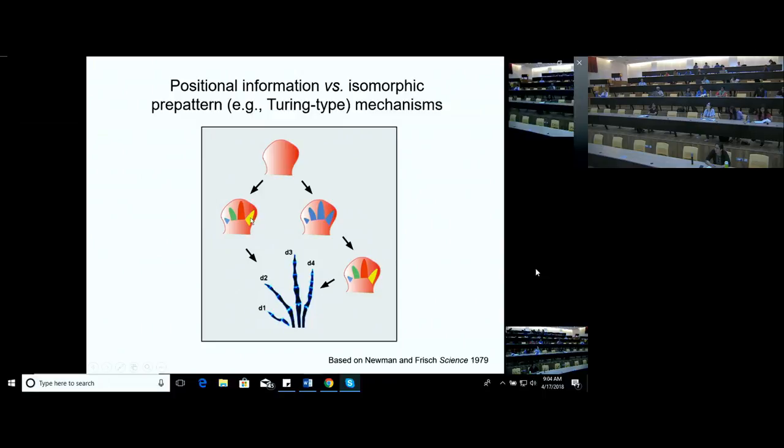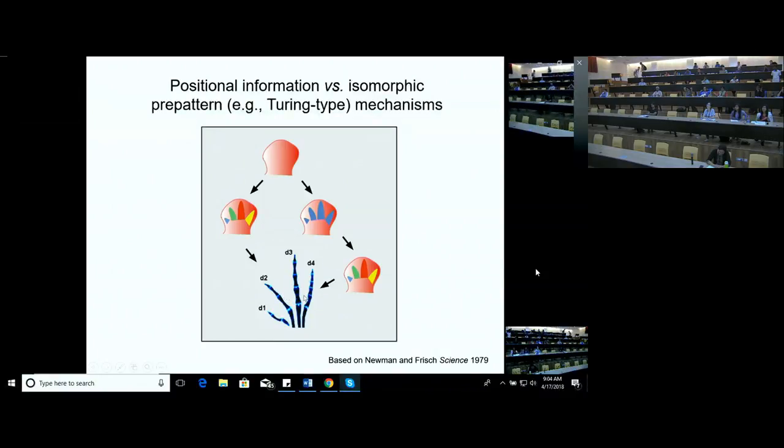And the cells read the gradient and they make fingers of different types, digits. And these are because there is a kind of internal representation in the cells, and all they need is this positional information in the tissue, and they just read the positional information and they make the different digits. This is the outcome, a stained preparation.